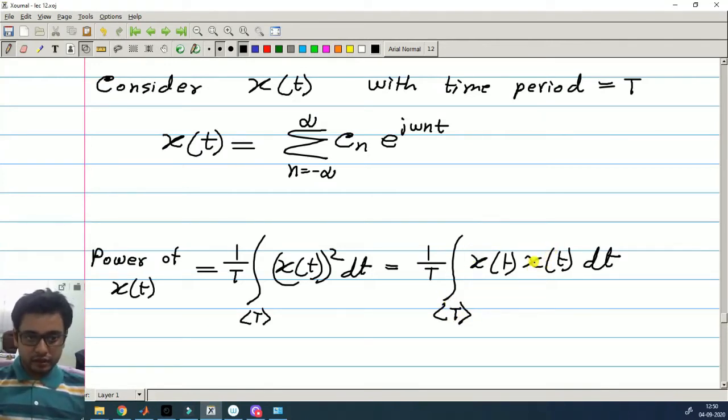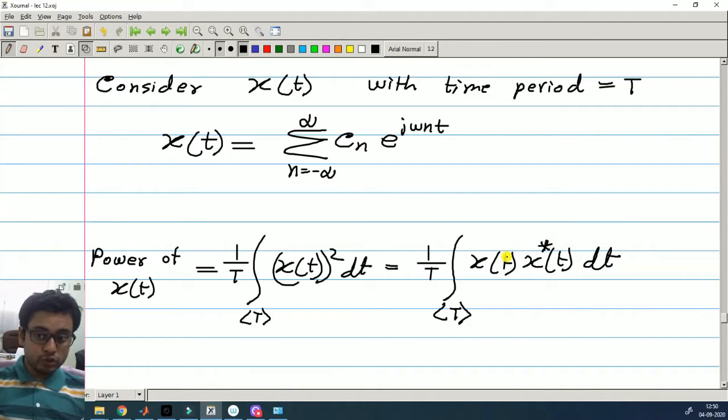Now normally the signals that we deal with are real valued signals. So x is a real valued signal. So if I take the complex conjugate of x, it will be x itself. So I can put a star, complex conjugation, here.